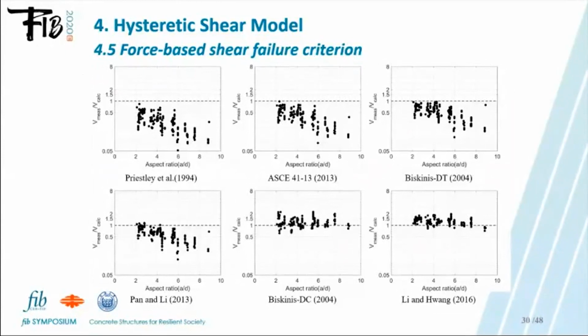However, each model had a significant bias when applied to columns with a wide range of characteristics. Some of the methodologies also produced false positives, in which columns were identified as failing in shear, even though they failed in flexure.